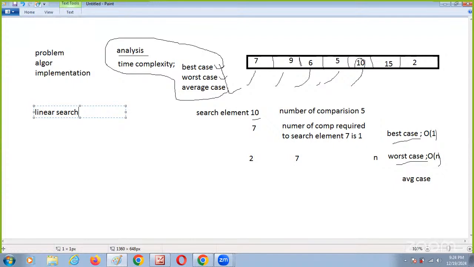Okay, sir. Now, if I want to search, this is a linear search. Next, binary search.